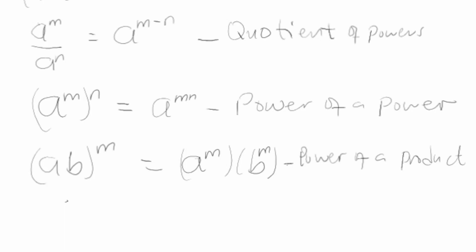If I have a over b, all exponent m, it should give me a exponent m over b exponent m. Our b should not be equal to 0.